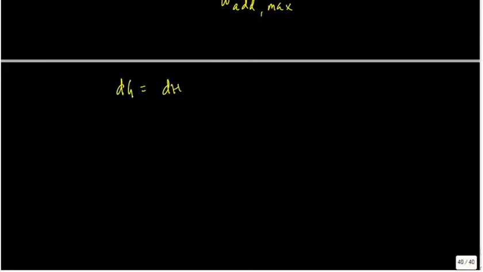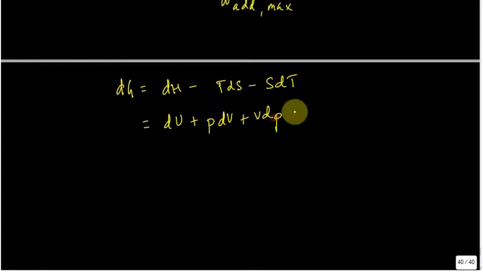dG is equal to dH minus TdS minus SdT, which is equal to dU plus PdV plus VdP minus TdS minus SdT.